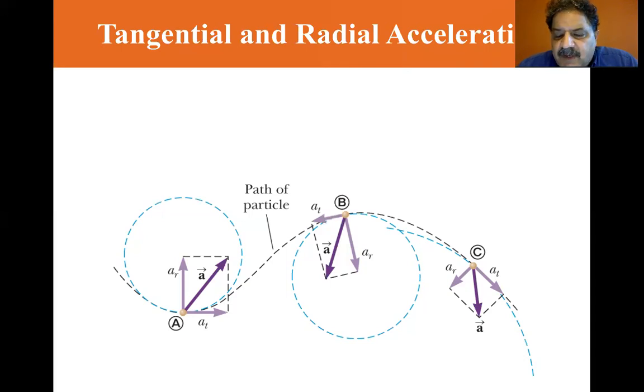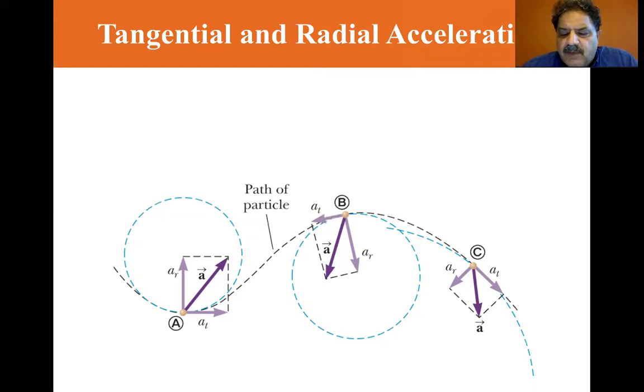At any instant, this vector can be resolved into two components based on the origin at the center of the dashed circle corresponding to that instant. The radial component A_R along the radius of the circle, and the tangential component A_T perpendicular to the radius.